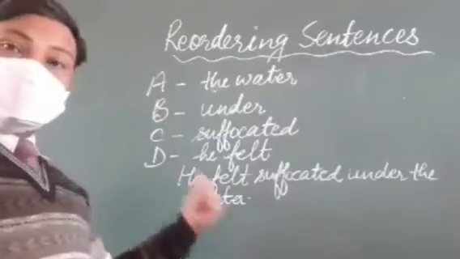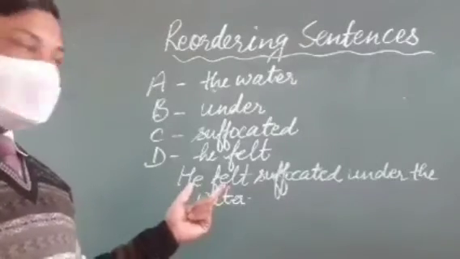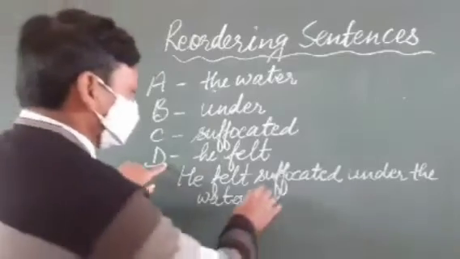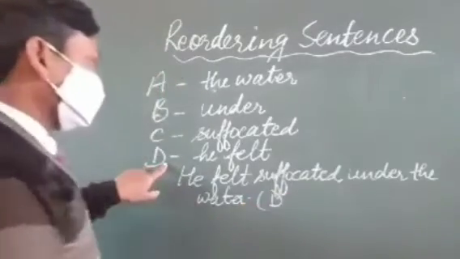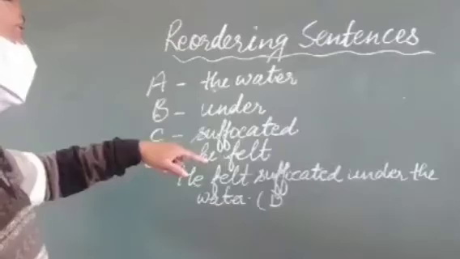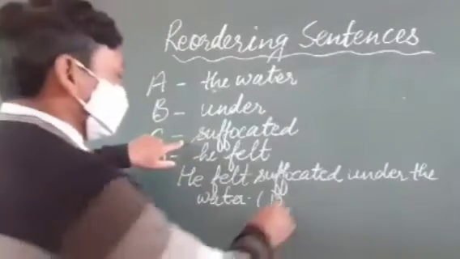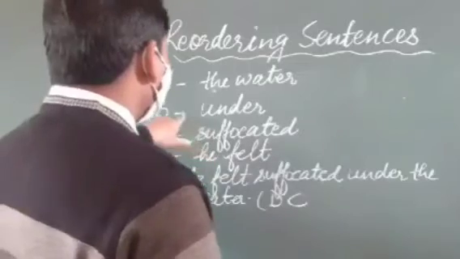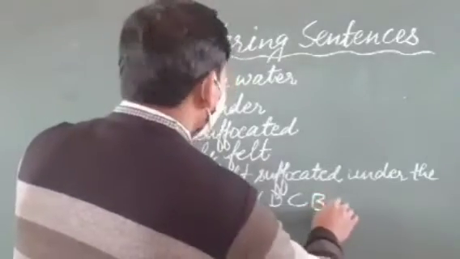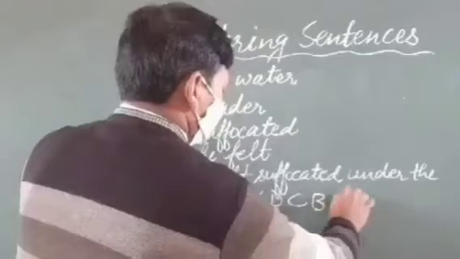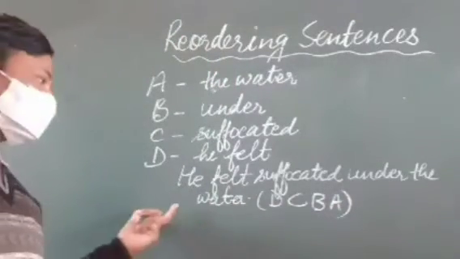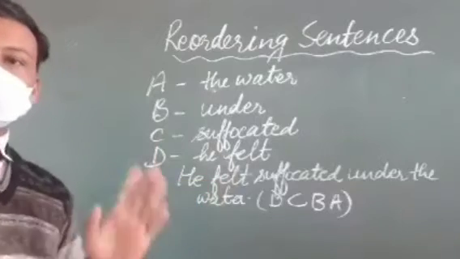But you have to choose from the options. So what is going to be your option? He felt, that is D. Then suffocated, C. He felt suffocated under the water. D, C, B, A. This is going to be your correct answer.